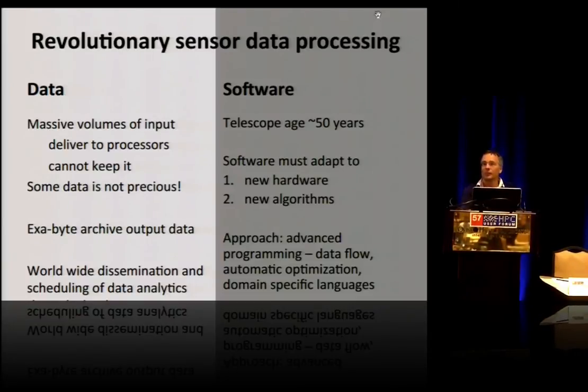So the telescope is going to last for 50 years. I presume that you want to preserve your data over decades, or are you discarding data? No, we can only preserve the processed data. The actual input data is discarded every 6 to 12 hours. So the exabyte archive is only the post-processed data. There's no chance to keep the other stuff. It's too much.